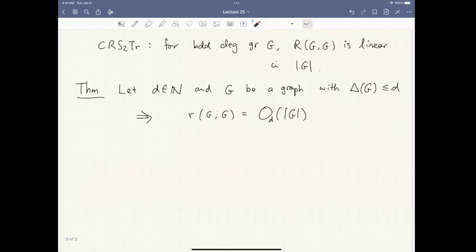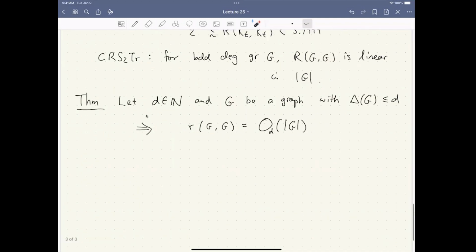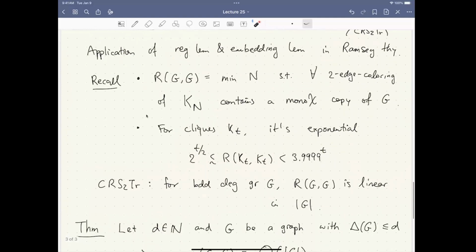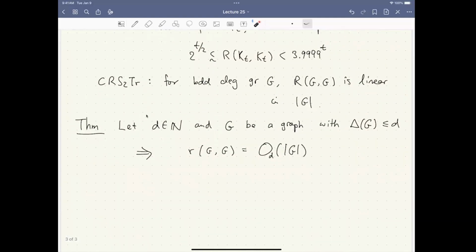For this result, we're going to use a small variation of the regularity lemma, which is the multicolor version of the regularity lemma. It's basically the same. Regularity lemma says that if you have a graph G, I can partition its vertices into a bounded number of parts so that between most of the pairs, it's regular. But now, in the multicolor version, the graph comes with some edge coloring.